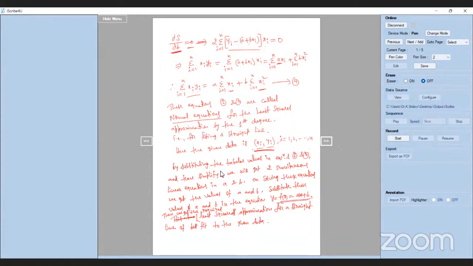So this is the required least squares approximation for a straight line.